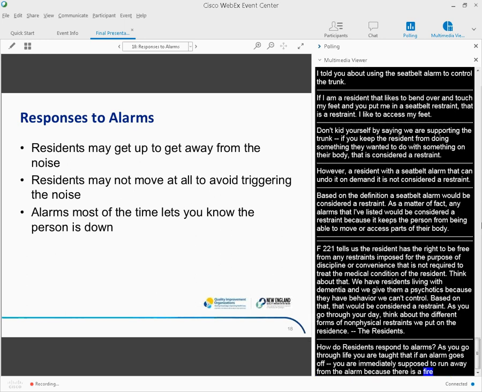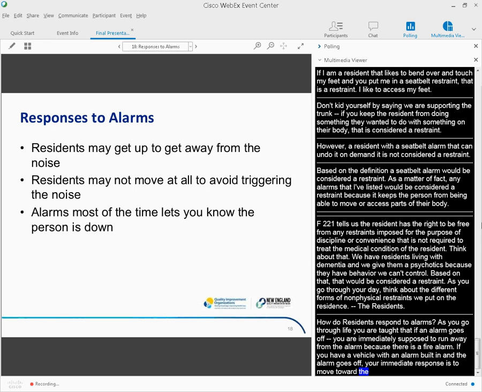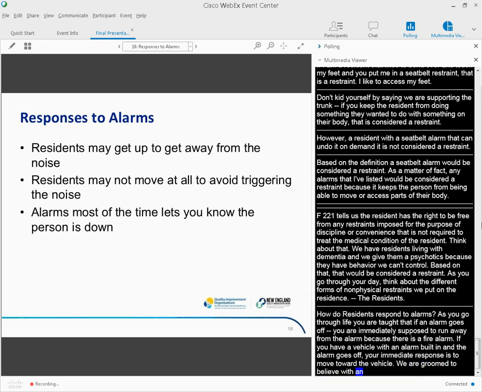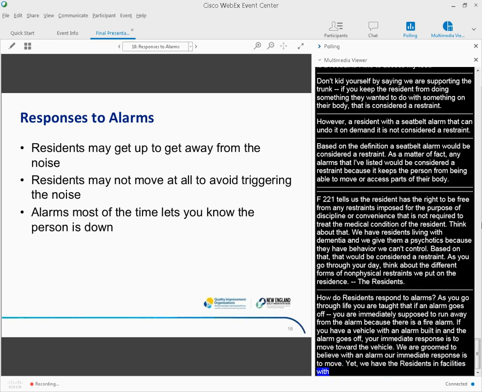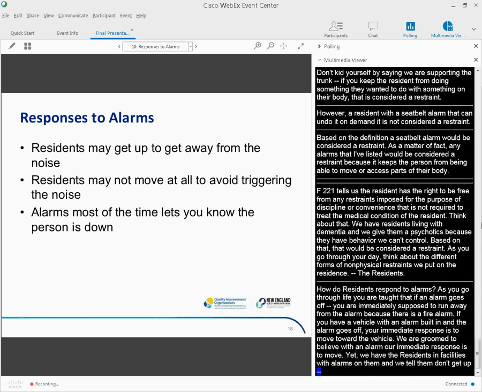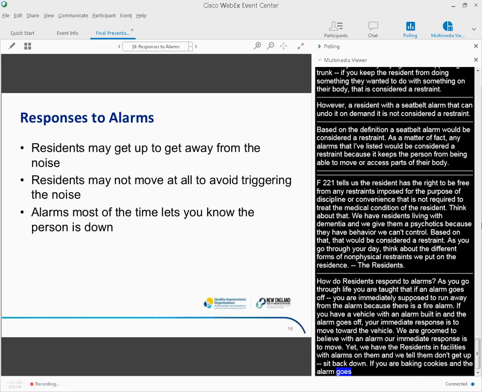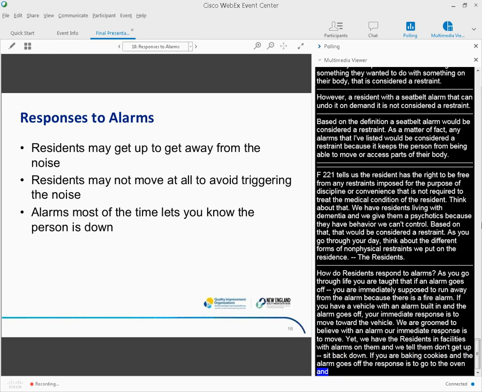So we're groomed to believe that when there's an alarm, our immediate response is to move. But yet, we have our residents in facilities and we put alarms on them and tell them, don't get up, sit back down. If you're baking cookies and your oven alarm goes off, your immediate response is to go to the oven and get your cookies. So now, we're trying to undo all the learning that our residents have learned all through their lives.